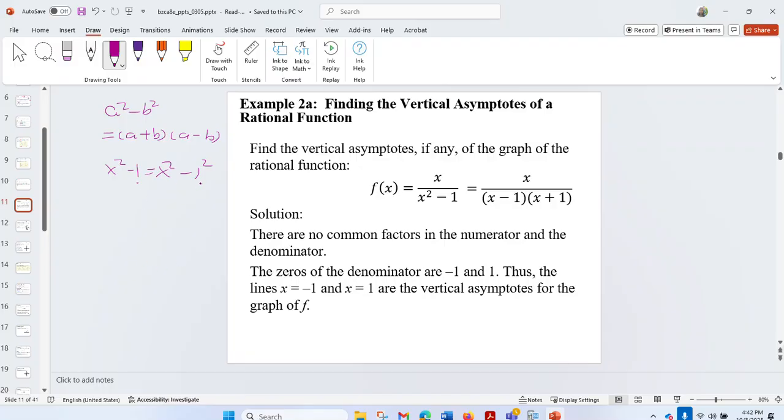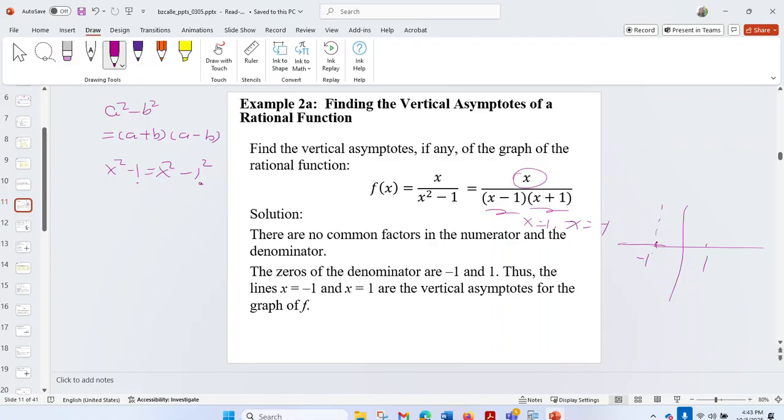We call this a tricky one. So you can factor into x plus 1 and x minus 1, and there's no common factor with the numerator. That means when x is equal to 1 or negative 1, this will be undefined. So this is considered a vertical asymptote: negative 1 and 1.